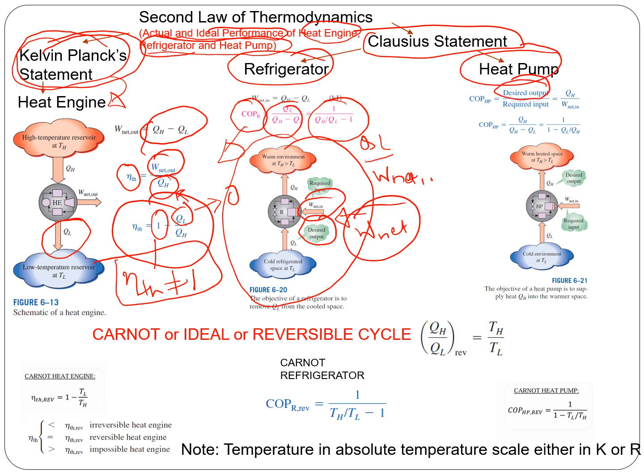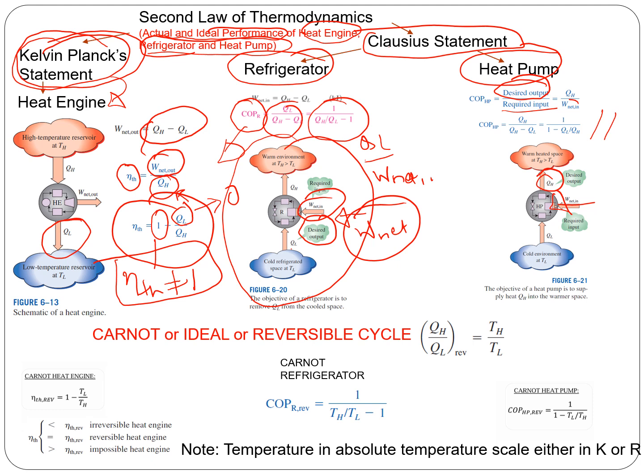In a heat pump, maybe you want to heat some space at home, so QH is our desired output in the case of a heat pump. Then divide by the required input which you supply here in the compressor. So this is the formula for COP for the heat pump.